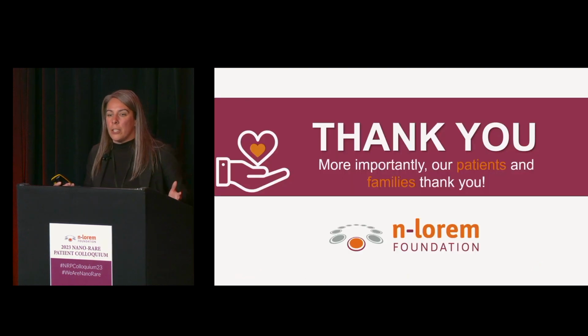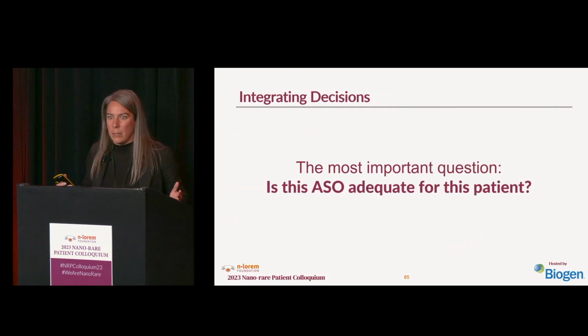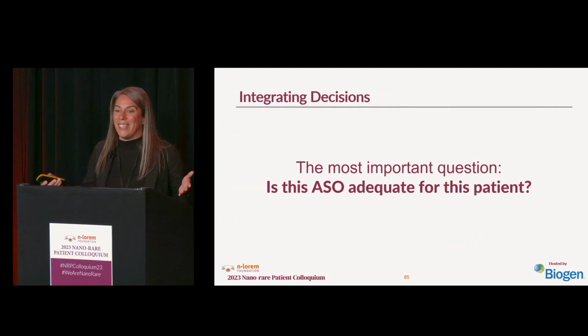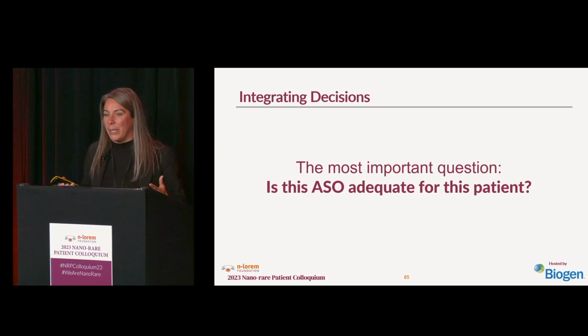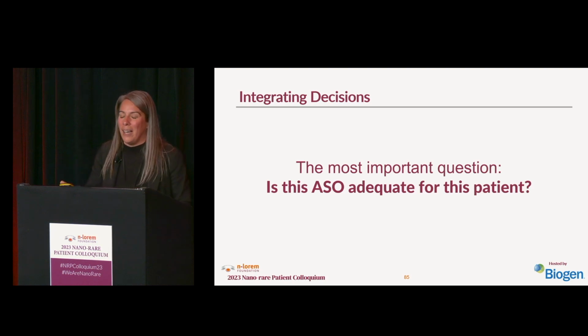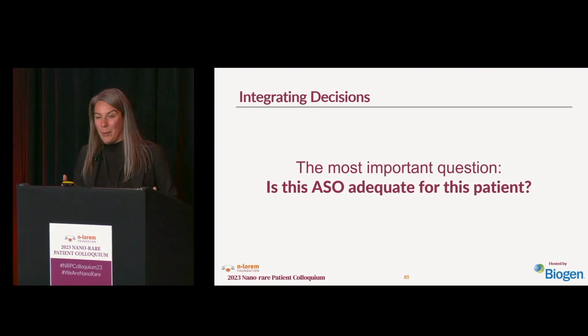And so essentially, my slides are in the wrong order. Essentially, the most important question that we ask ourselves at every step of this process is whether this ASO is adequate for this specific patient. This is really the most important question that we ask ourselves all the time.